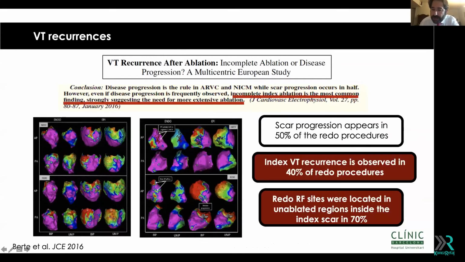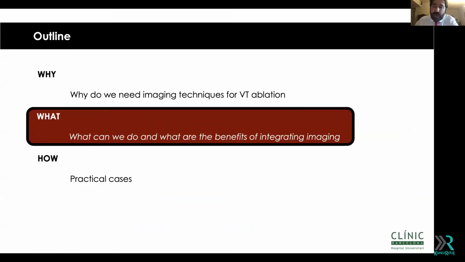But mainly the cause of the recurrence was the same substrate as in the beginning. They had to apply radiofrequency at the same site in more than 70%. So I think that if we have tools to know our substrate before the ablation, we will be able to tailor the ablation for this specific patient.